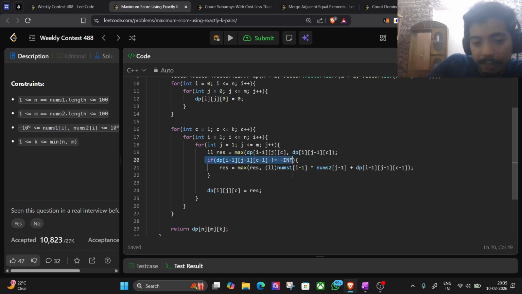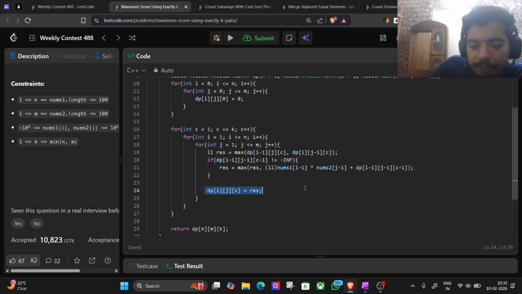If it is not negative infinity, then you can take your result as the maximum of a and b, which has been computed above, and then take the maximum with c. It's a direct implementation of what I wrote on the board: you take nums1[i-1] multiplied by nums2[j-1] plus your dp calling state, which is dp[i-1][j-1][k-1].